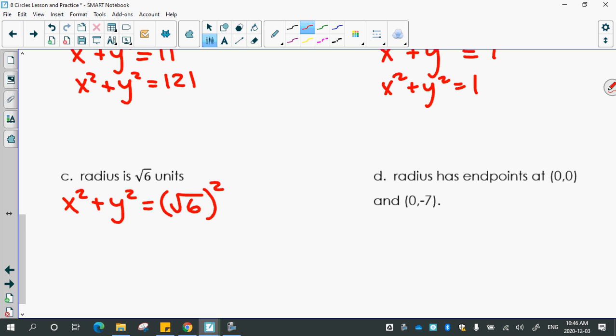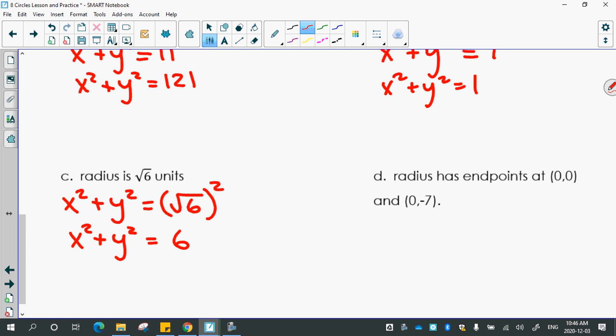Okay, because this side represents radius to the power of 2. So if the radius is square root of 6, and then we put it to the power of 2, what does the power of 2 do to the square root? Gets rid of it. So the equation would just be x squared plus y squared equals 6, because square undoes square root. Okay? Make sense?